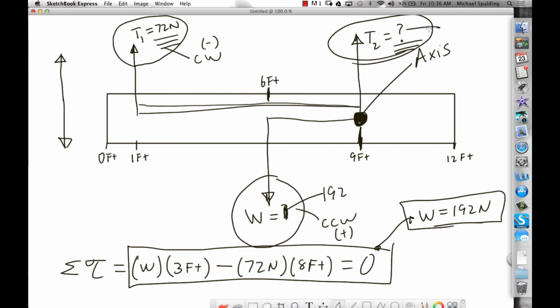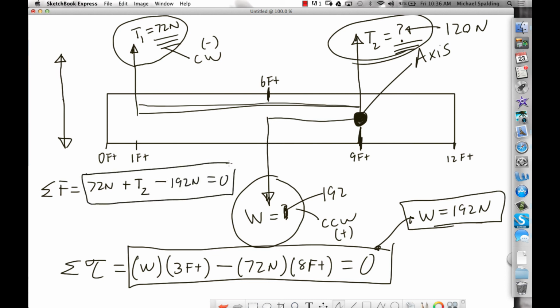So what does T2 have to be? It's got to be 120. That's from the summing of the forces. Should I show that with summing of forces? Did I make a mistake? No. So look, all I did here, because some of you were like, what? It's summing forces. You go 72 up plus T2 up minus 192 down, and all of this must equal 0. So T2 has to be 120.